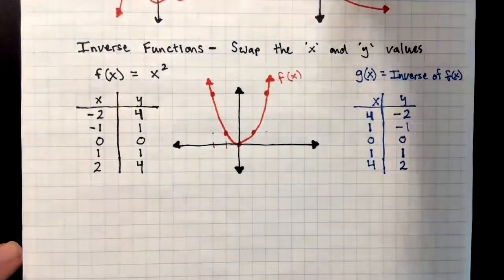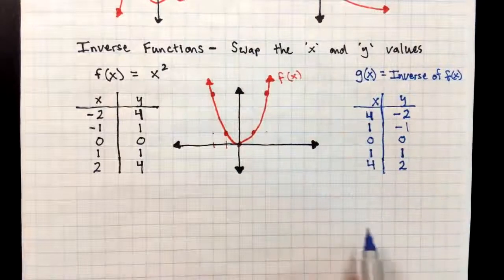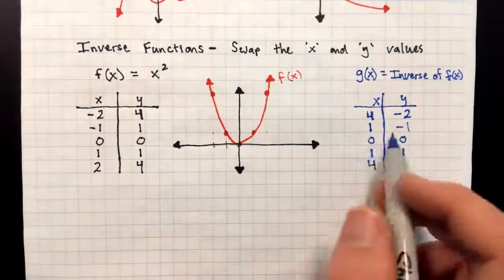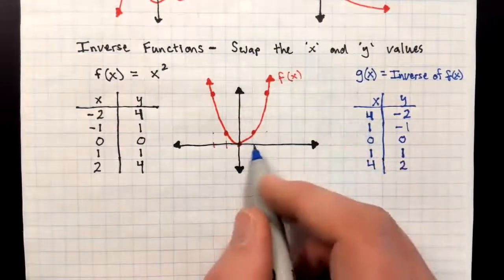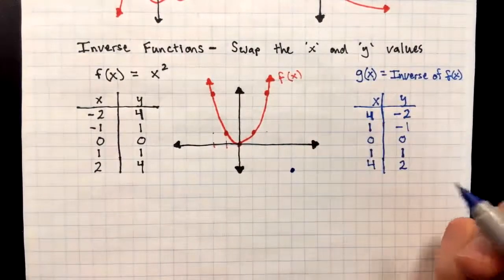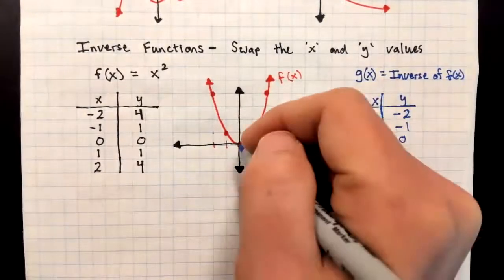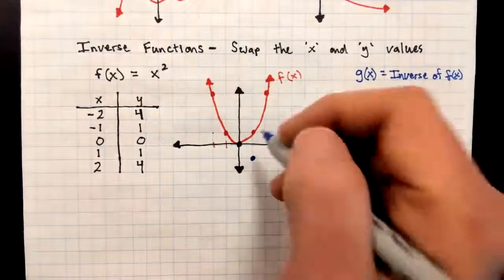Awesome. Let's sketch a graph for this one. Let's sketch g of x. Where are these points at again? Over 4: 1, 2, 3, 4. Down 2. Over 1. Down 1. 0, 0. 1, 1.